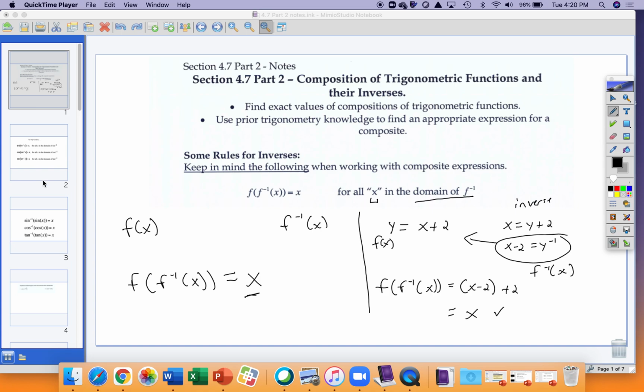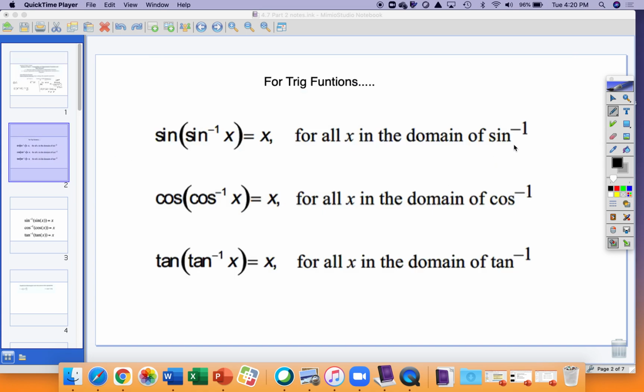So how can we apply that to trigonometric rules? Well, if I take my inverse trig function and stick it inside of my regular trig function, I should simplify down to just x, assuming that x is in the domain of my inverse trig function.